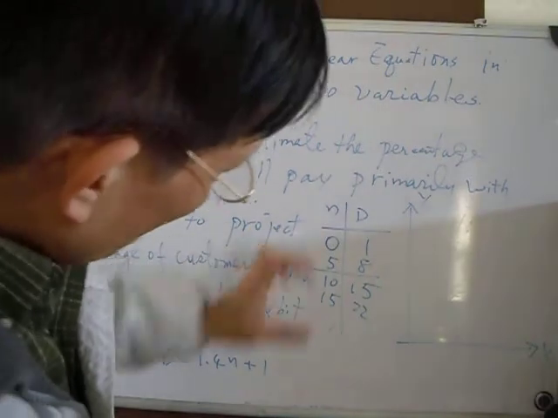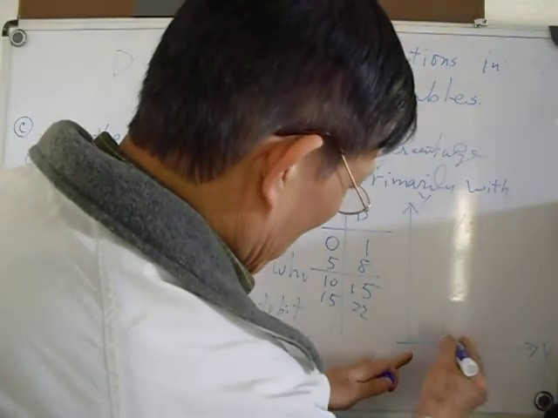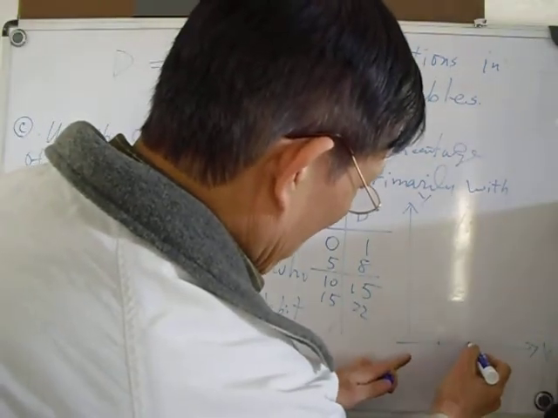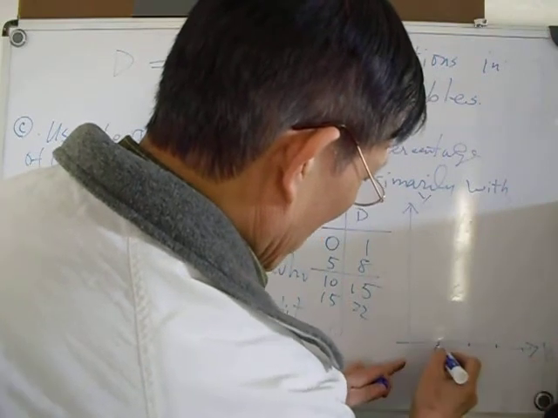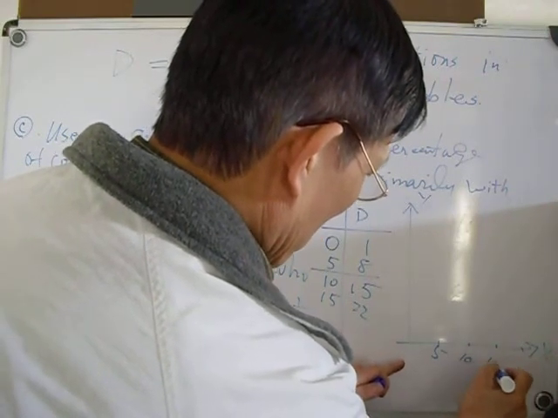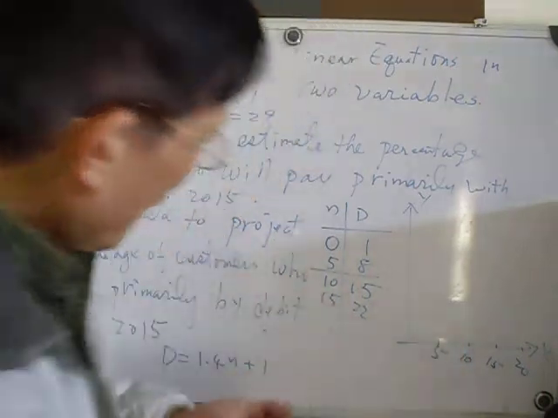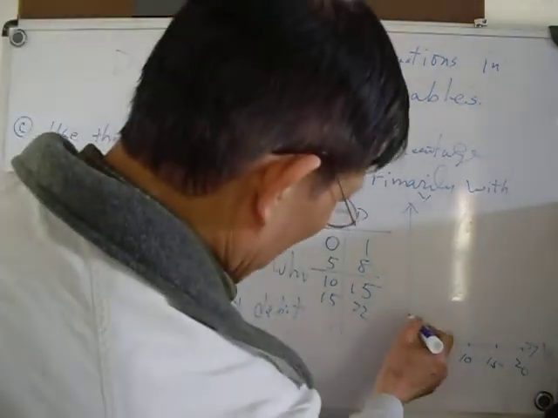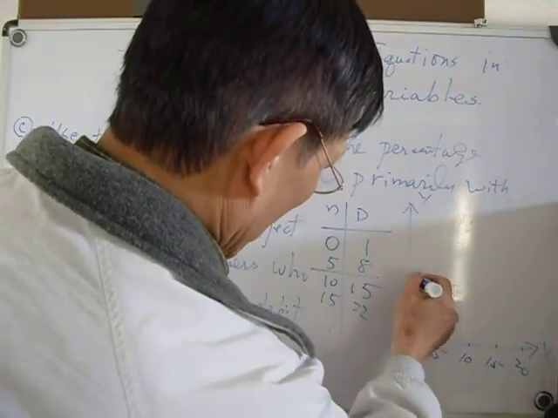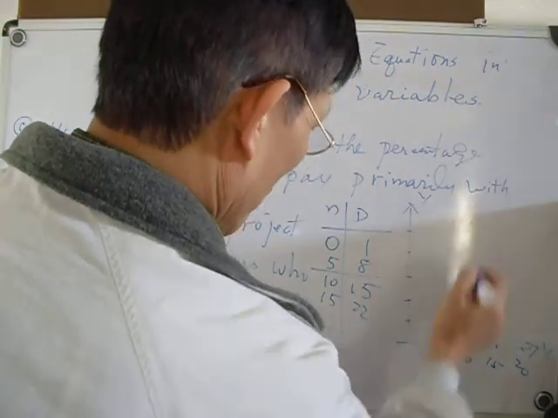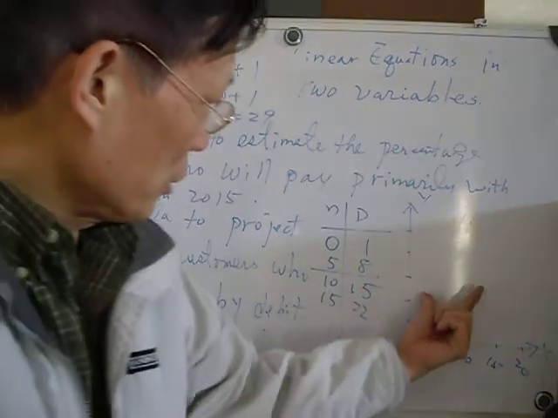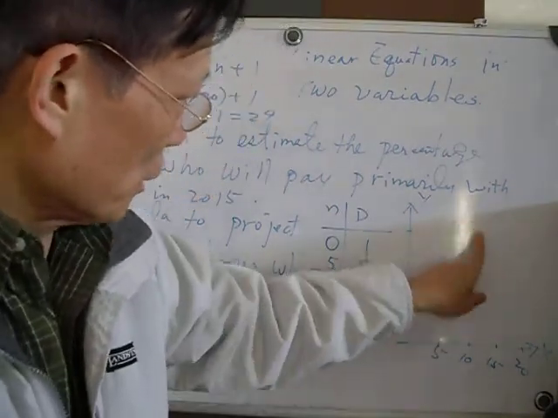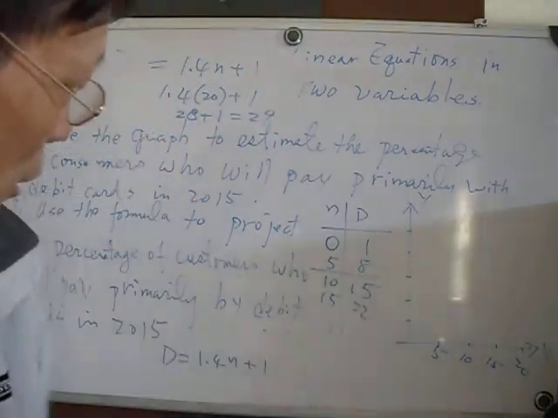X from 0 to 15, so you want to make this big enough: 5, 10, 15, 20, like this. And the y part, you also make an arrangement, 0 to 25. So 5, 10, 15, 20, 25, things like that. Then your graph will be very close to in here.